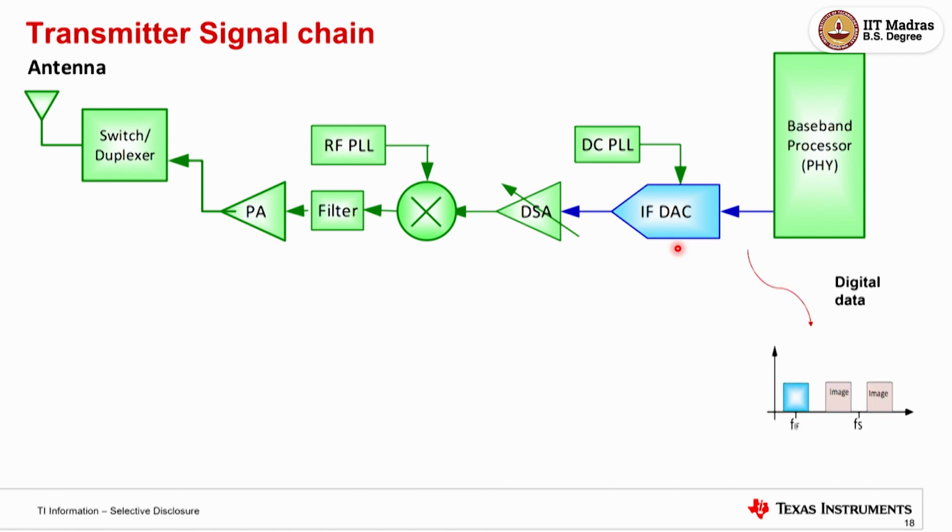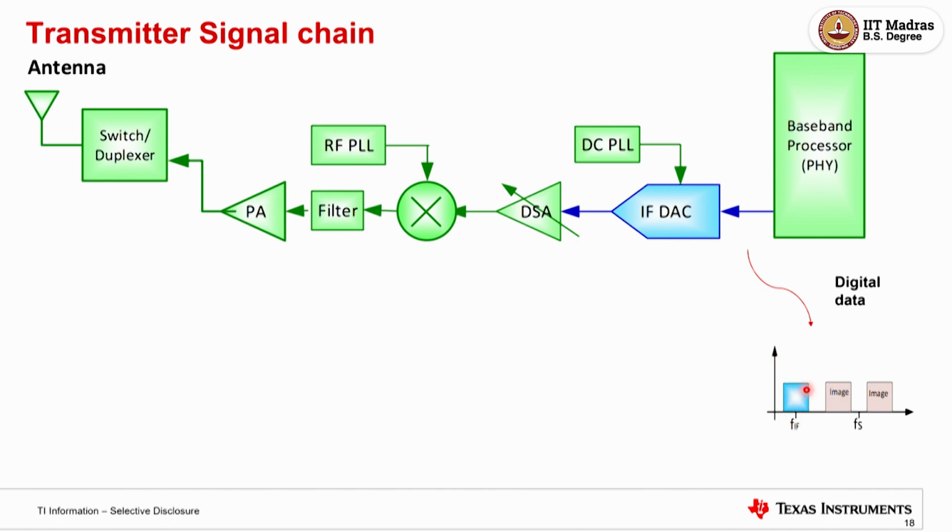Okay. So this is the digital data from a baseband processor. Any digital data has copies. At a concept level, just assume blue is the information that I want to send. But whenever there is digital, it means it's discretized in time, so in frequency there will always be copies. They are all copies of the same signal. That's how digital deals with it. But once you reach analog, you don't want these copies.